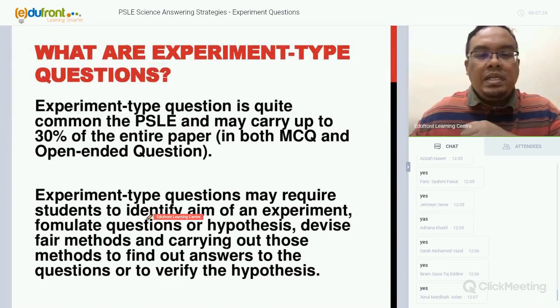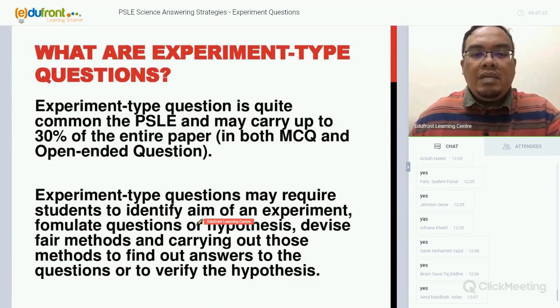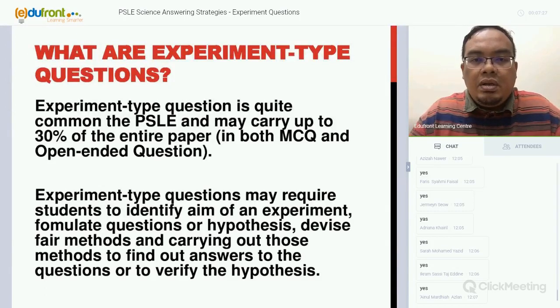Okay, so experiment type questions may require students to identify the aim of the experiment. Scientists, we always want to discover things, right? We want to find out about things, and scientists discover things or make certain conclusions by carrying out experiments. Okay, so in experiments, they have to formulate hypotheses, formulate experimental questions, devise a method, create several setups, to answer those questions.